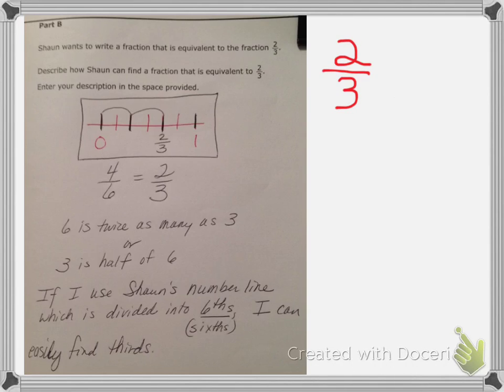You do not have to. You could have just done 2/3 times the numerator and the denominator by the same number, and you could have found an equivalent fraction.